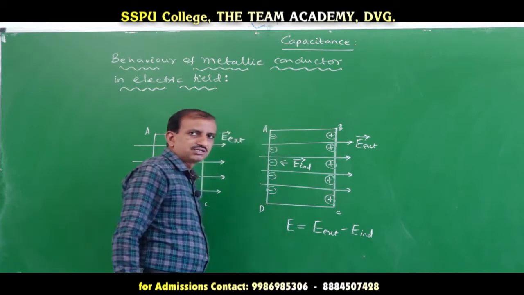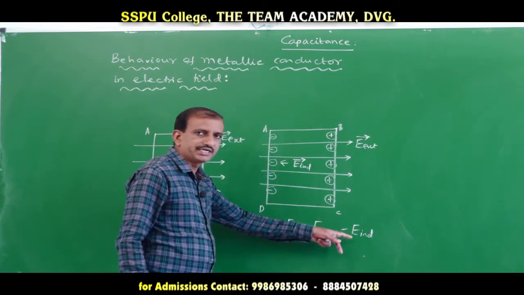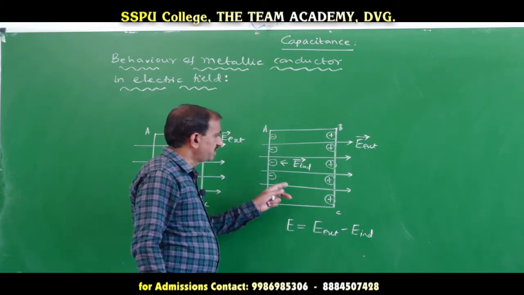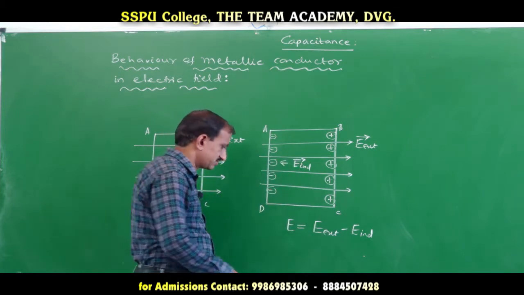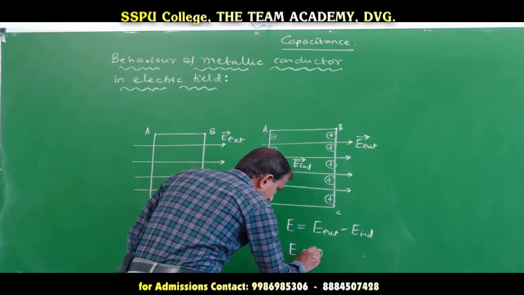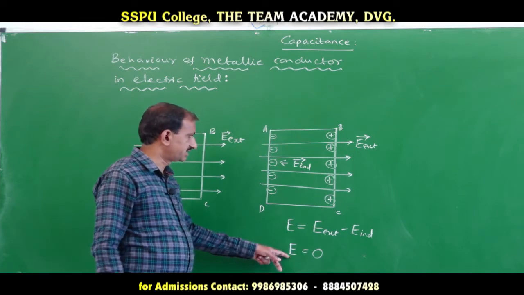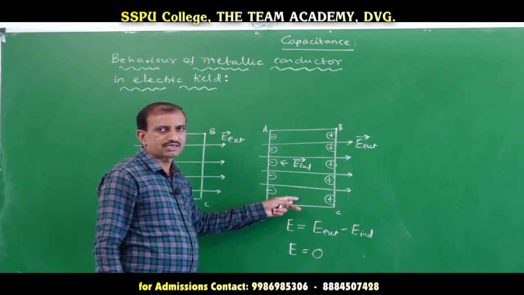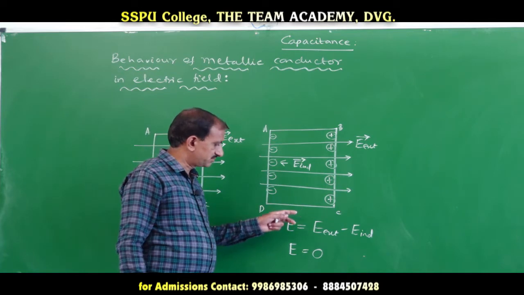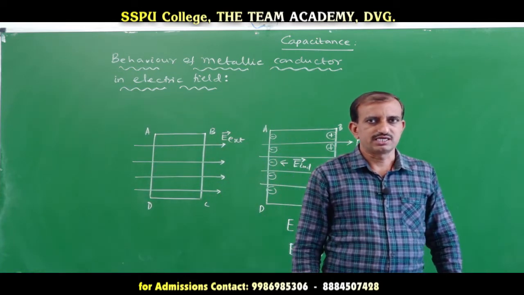When E external equals E induced, the momentary flow of charges ceases, and hence the electric intensity inside the metallic conductor is 0. Now the metallic conductor is in electrostatic equilibrium.